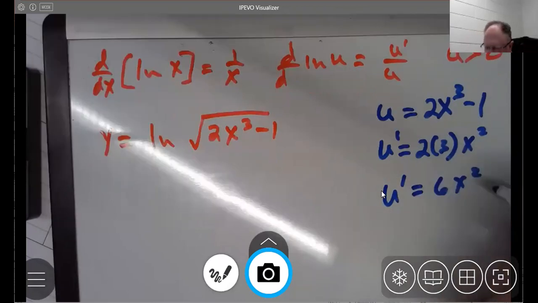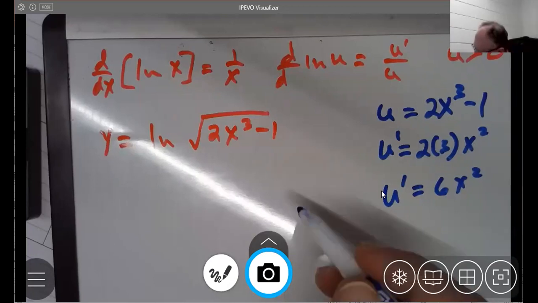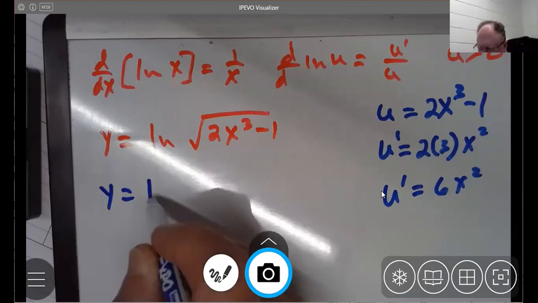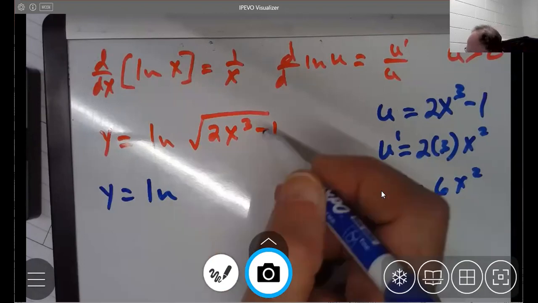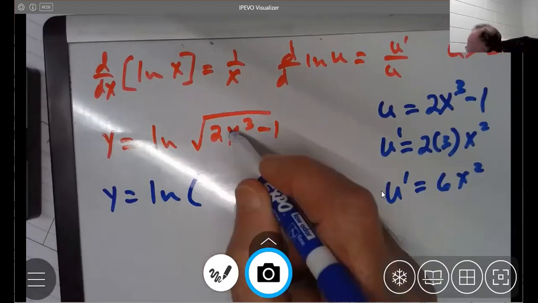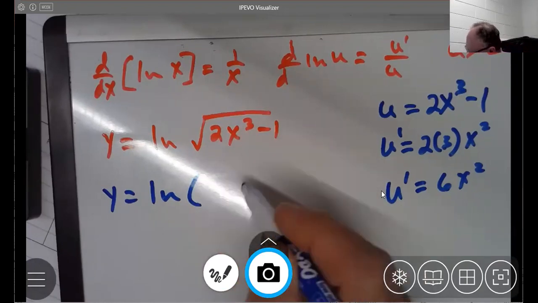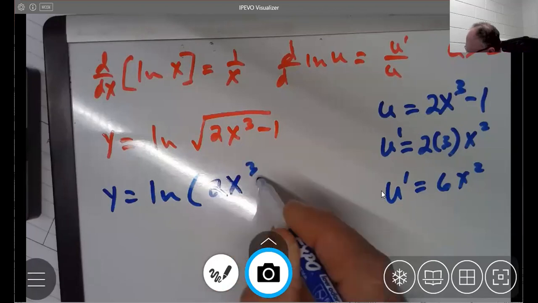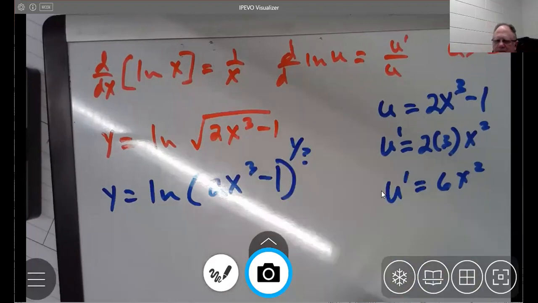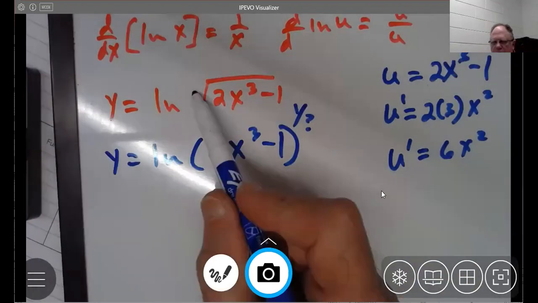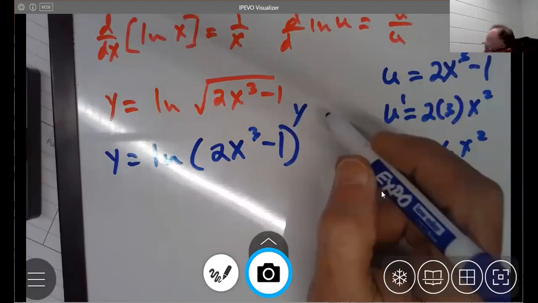Okay, so we're looking at this as y equals natural log of the square root. We change this radical to an exponential expression, from radical to exponential. So this will be 2x cubed minus 1 to the 1 over what? Since this is a square root, it will be 1 over 2.